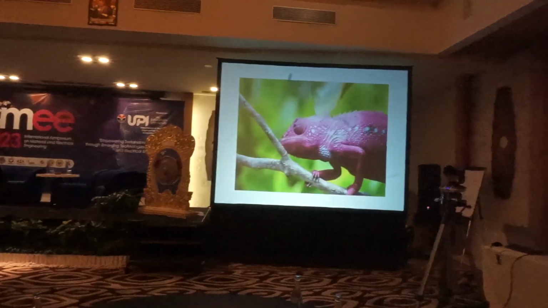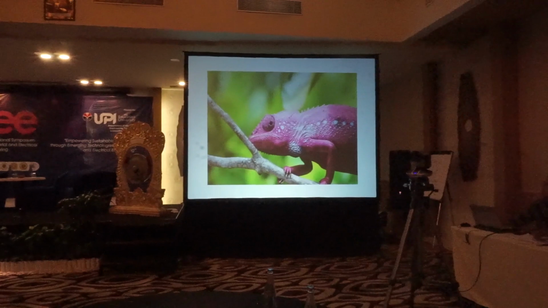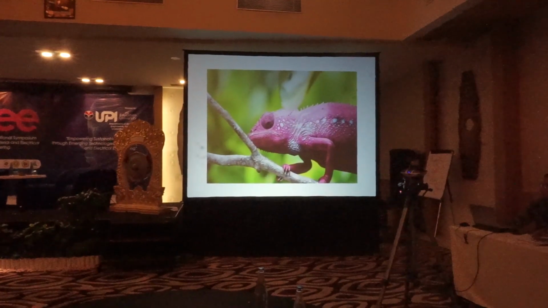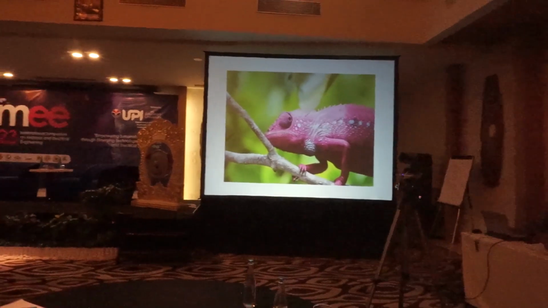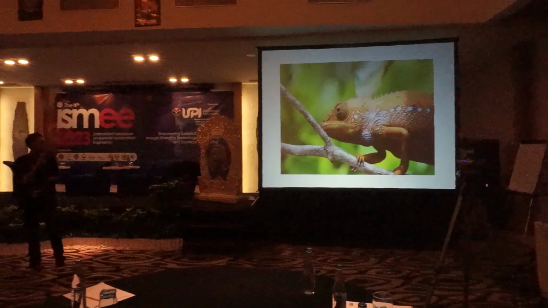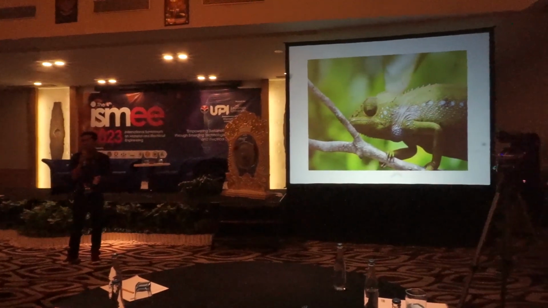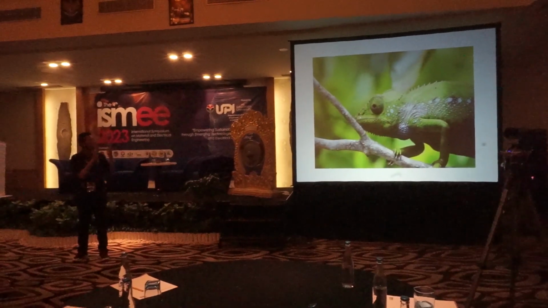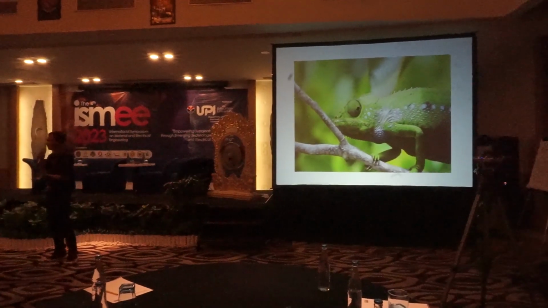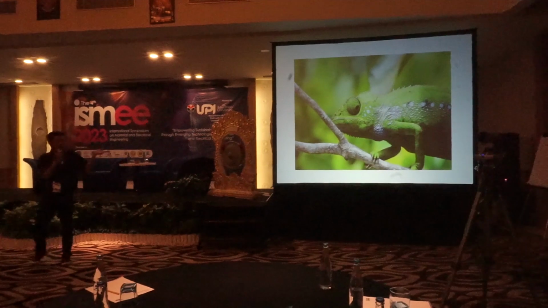Okay, in the beginning of this part it's chameleon. But why is chameleon? Chameleon has the ability to adapt to its environment. It can change the color based on its environment, based on the situation that he faced.